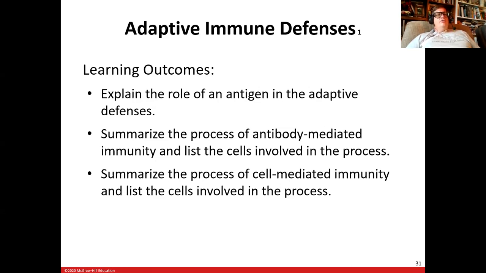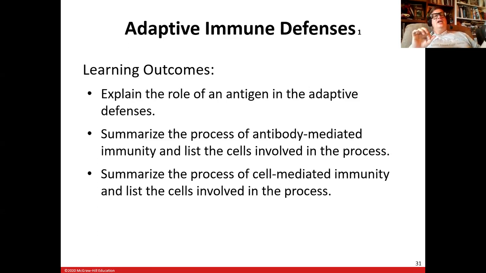So we went through the non-specific immunity. We're now doing adaptive immunity. We're doing things where you are exposed to something and then you respond with methods that are designed to attack just the thing that you're fighting. So antigens and antibodies, I want you to remember two words.